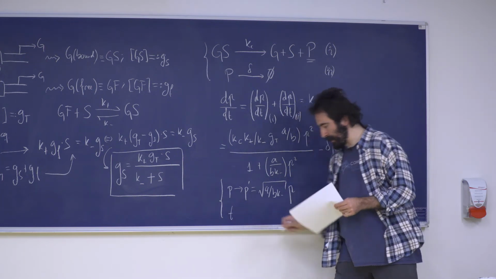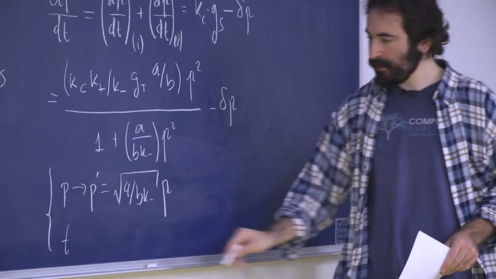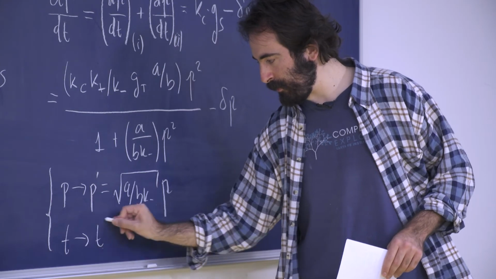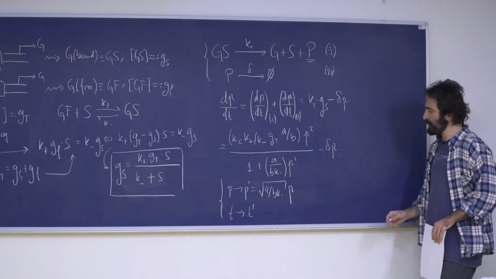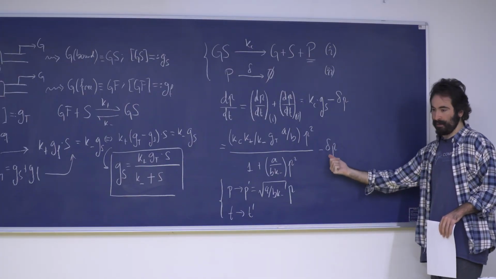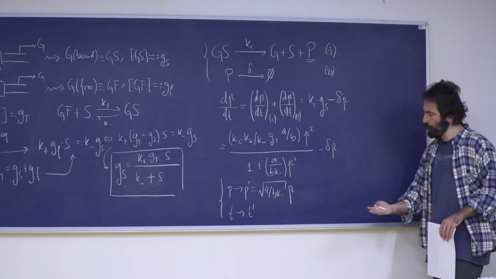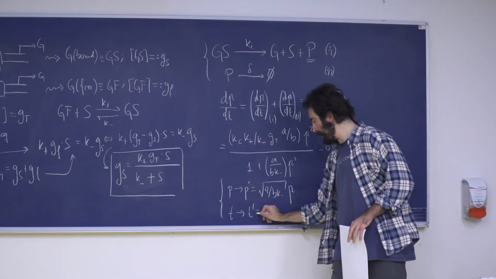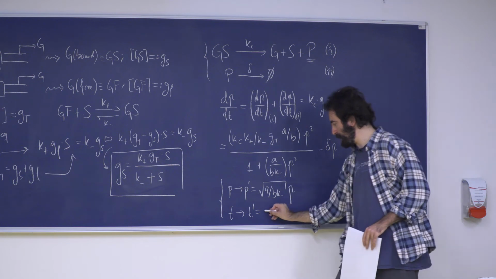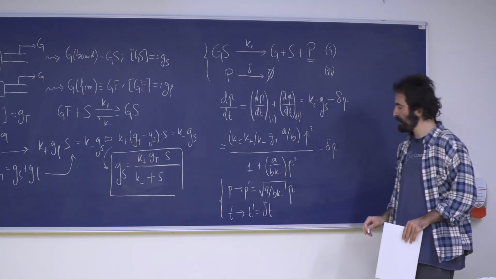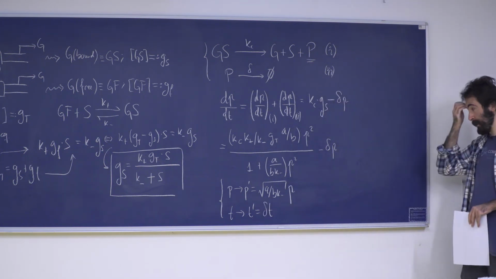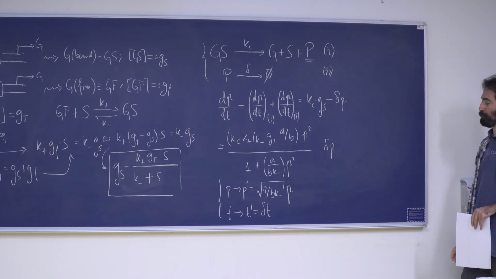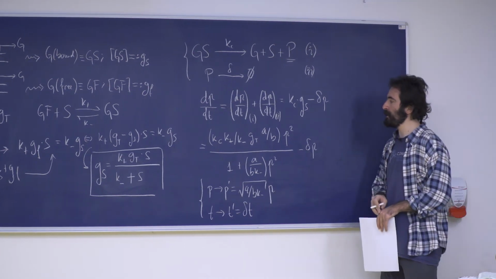The time, on the other hand, doesn't surprise us at all because we've been doing this also several times, which is I am going to use the decay rate here to imbue the time with some units. So in other words, we are just going to call T prime delta T, right? So that's giving units of time in terms of the decay rate.